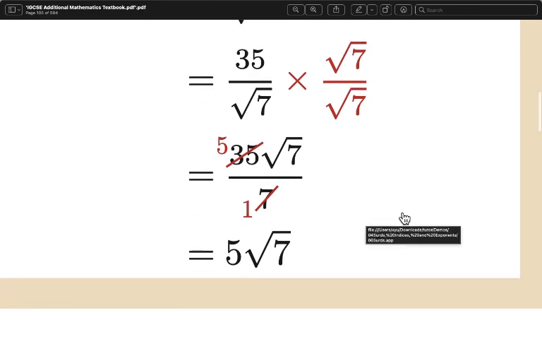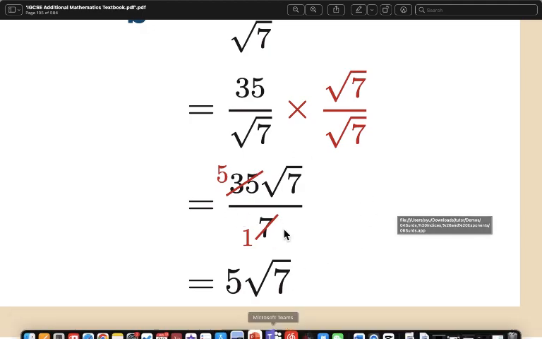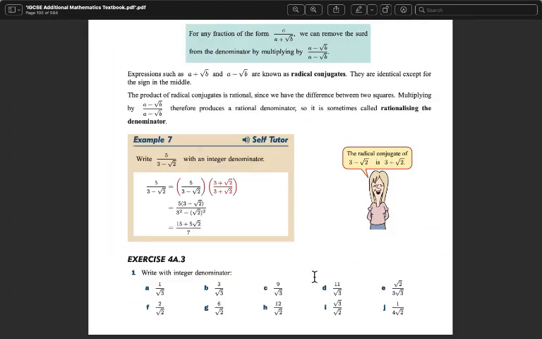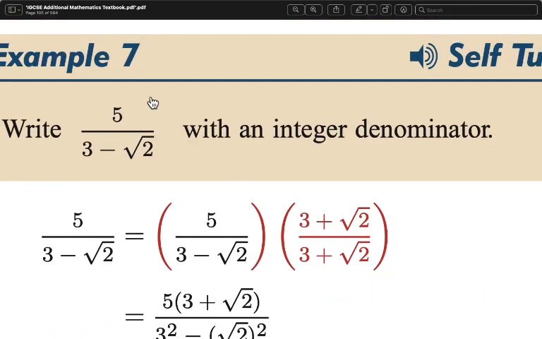However, as 35 divided by 7 equals 5, this can be further simplified: the 35 simplifies into 5, the 7 simplifies into 1, and the final answer is 5 times the root of 7. Same as over here, and this question is similar over here, but this time with other rules applied as well.